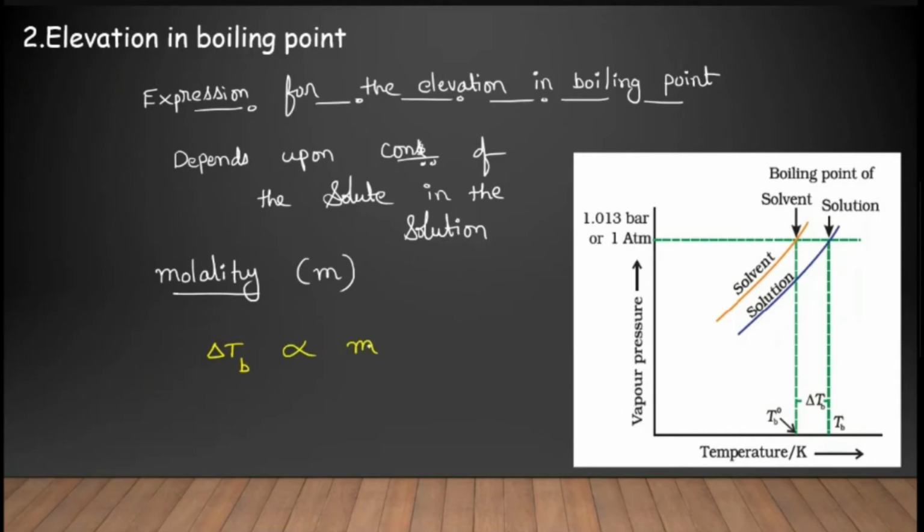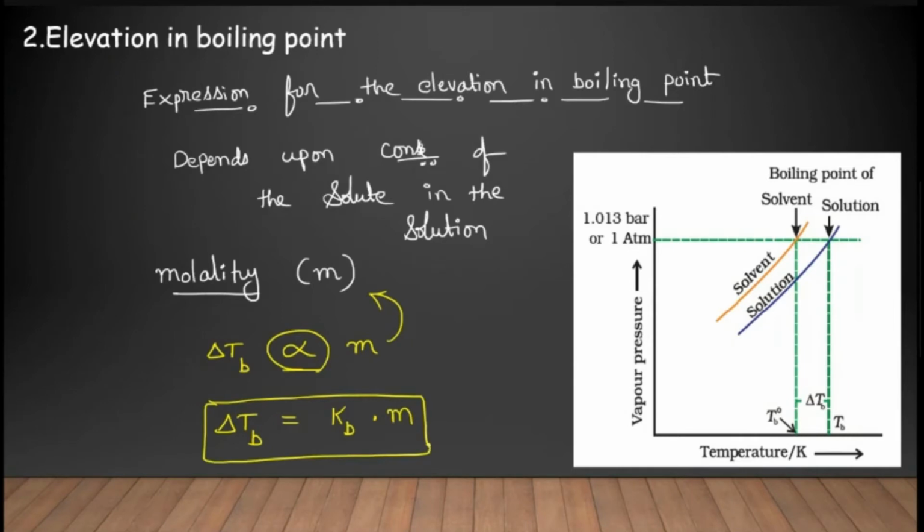That is, elevation in boiling point is directly proportional to the molality of the solution. If you remove this proportionality sign, you will get delta TB is equal to KB into m. This is the equation.